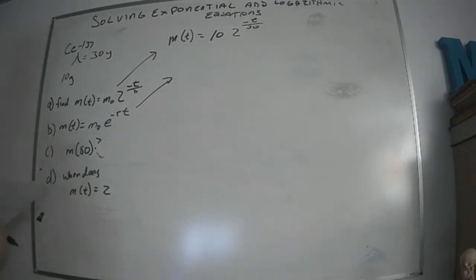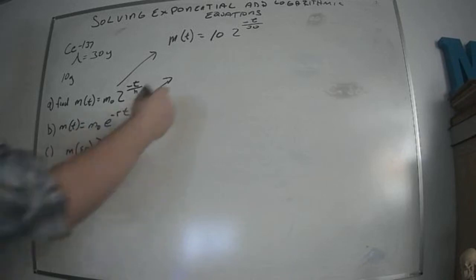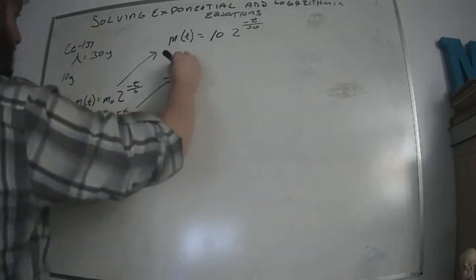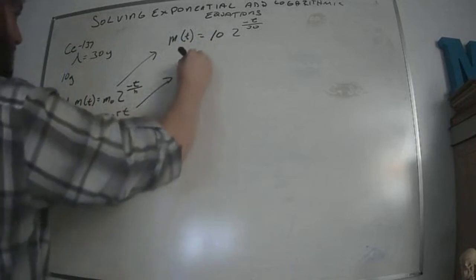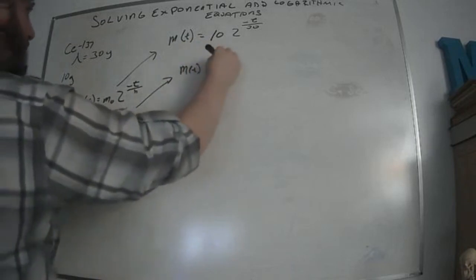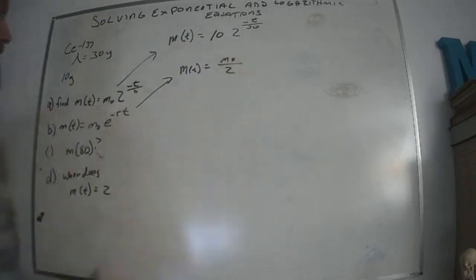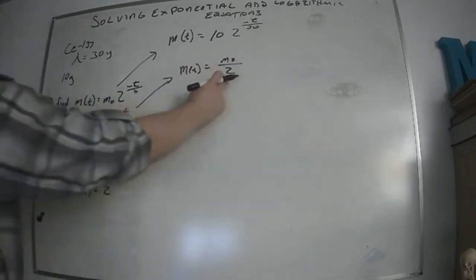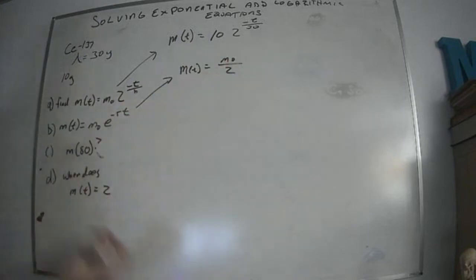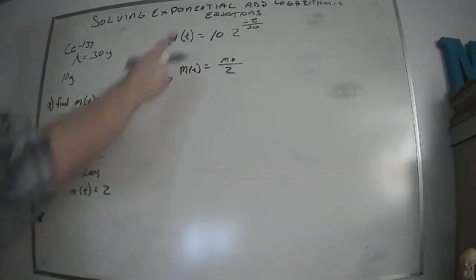But what I say is I let m of t be half of m of 0. So I say I want to find this when m of t is the initial over 2, right? To find the half-life, I need to know when there's half of it left. And I know the half-life.